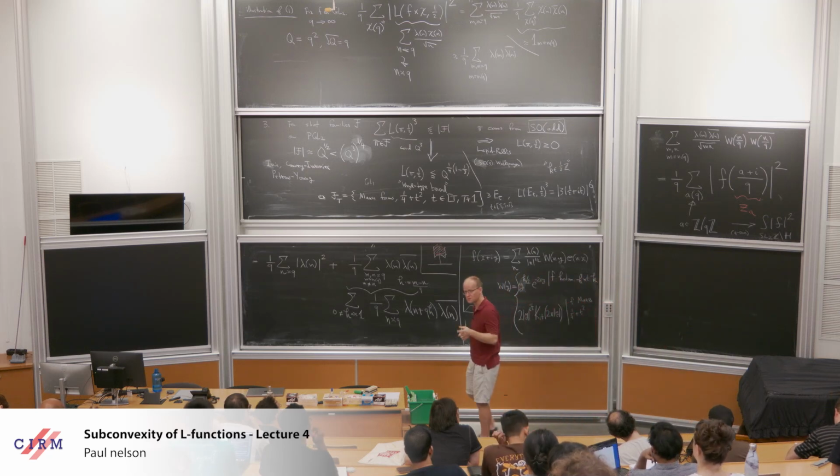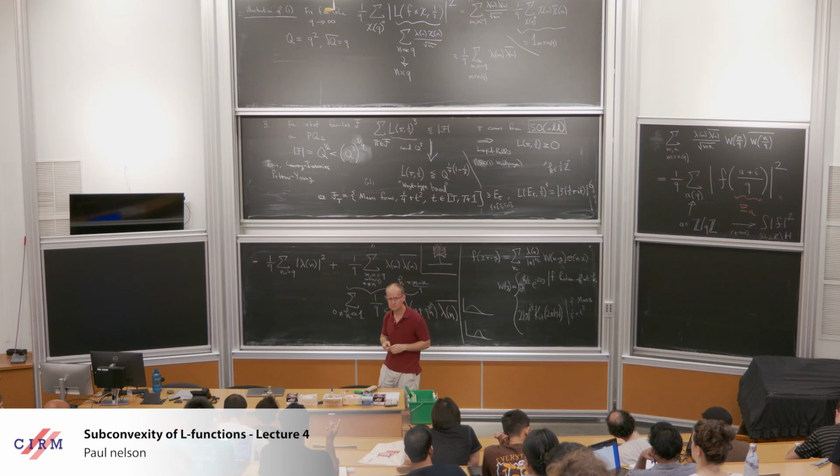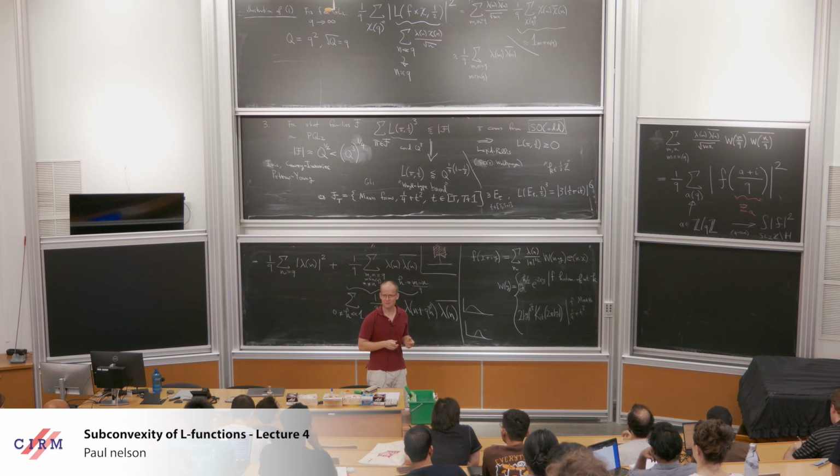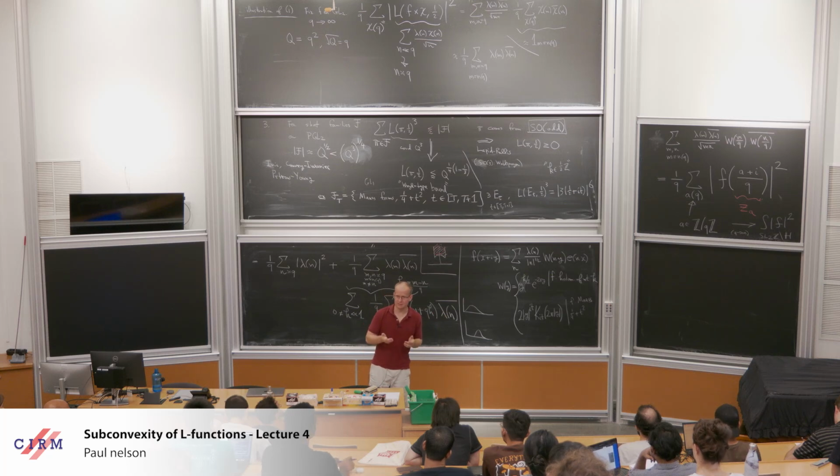All right, so sorry, you had a question. I don't know the best reference for this equidistribution result. I'll explain it in just a second. But okay, I'll write down something.